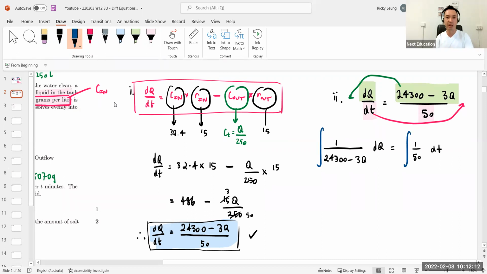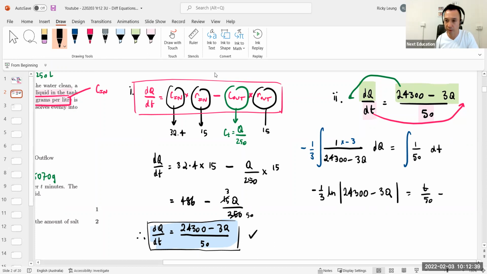Now I know this is ln, but it's because I need the derivative of the bottom on top, so times that by -3, and then times it by -1/3 to cancel it out. And now it's integrable, so it becomes -1/3 ln(24,300 minus 3Q) equals t on 50 plus a constant.